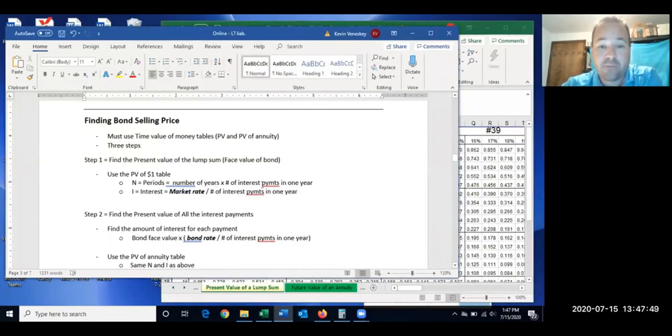So number of years times your payments in 1 year. So if we had 5 years times 2 payments in a year, that's 10. And then interest is just the opposite. If it's giving you 8%, but it's paid twice a year, you take the 8 and divide it by 2, and you get I is 4, if you had that example. So we're always going to be using N and I as we go through these.